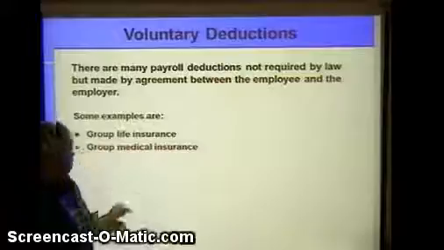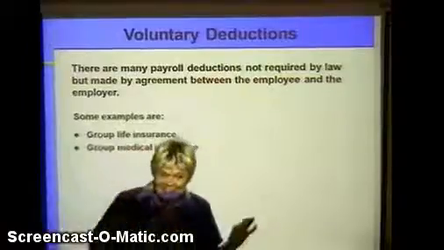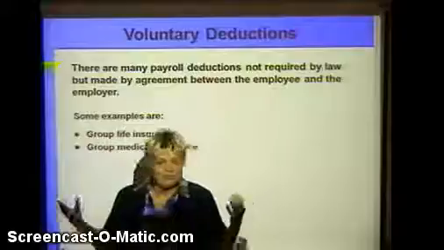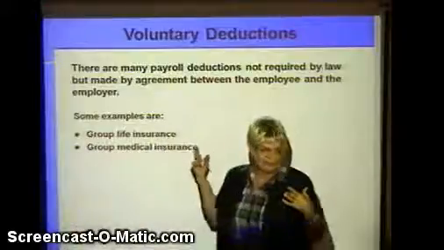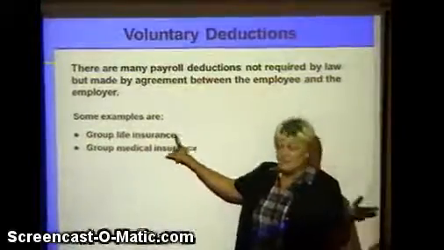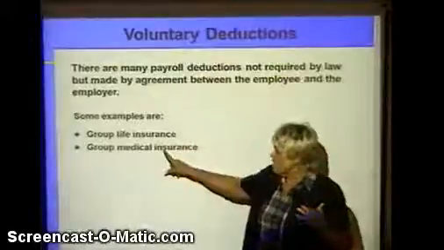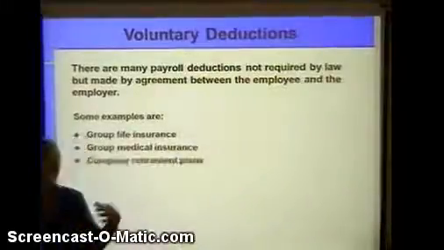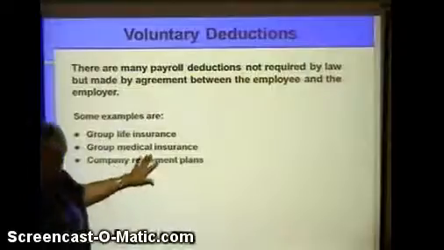Okay, some other things that can be taken out of your check: group insurance, which is a benefit. Usually an employer can offer group insurance where people can sign up and pay a certain premium, much lower than if they had to buy insurance themselves. So you have group life and group medical. Some employers pay this for their employees.